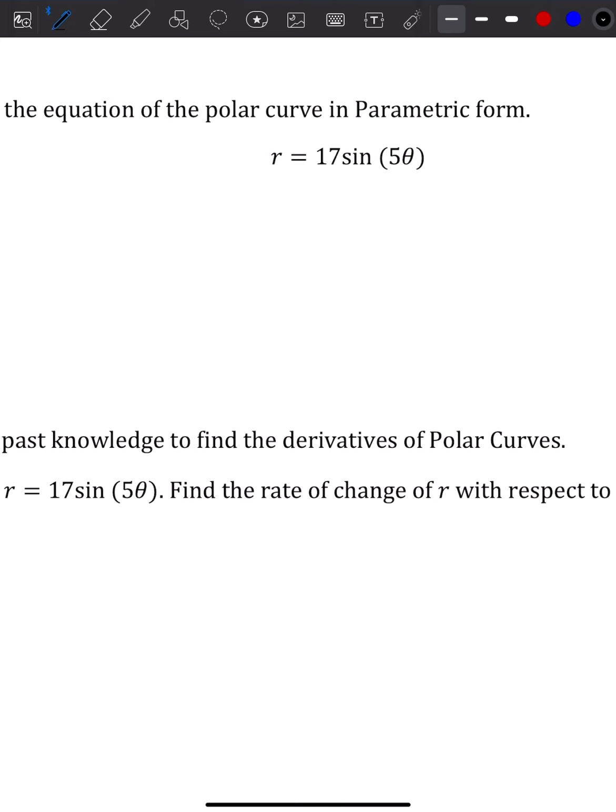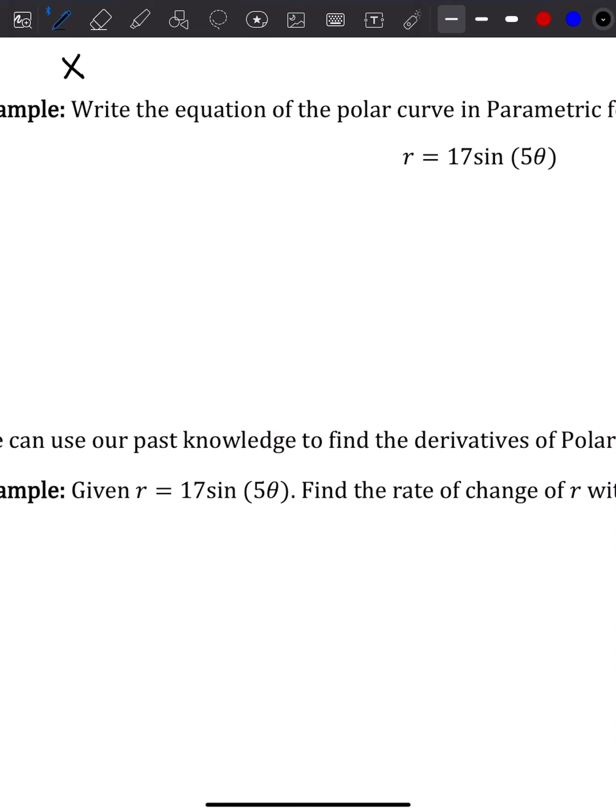This is our function. This isn't just the function for y, this is r in general. So when we look at x equals r cosine theta and y equals r sine theta, we're literally going to take this equation, multiply it by cosine, that's our x, multiply it by sine, that's our y.